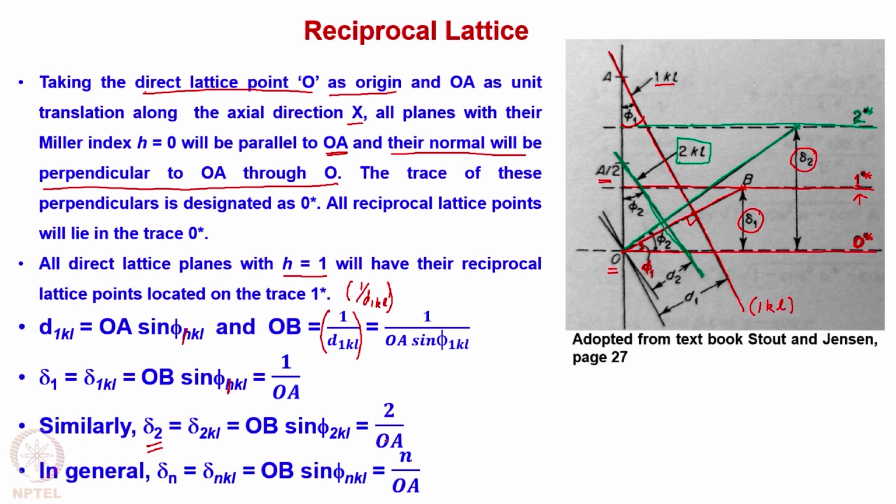So for a general HKL reflection, or NKL reflection, where N can be 1, 2, 3, 4, anything, in general, delta N, which is delta NKL, is nothing but N by OA.